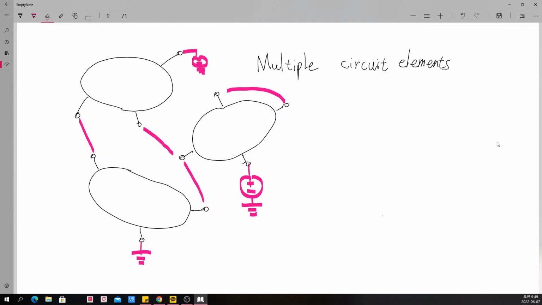It can be either a resistor or a capacitor, because an inductor will introduce additional difficulty. So maybe you can try to implement either R or C, then you can check the result.